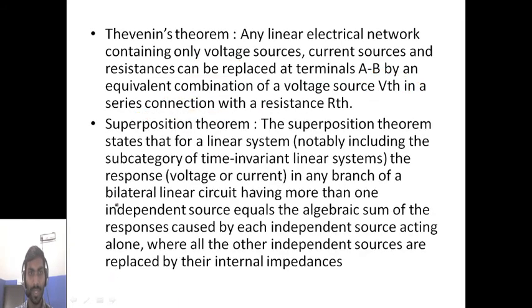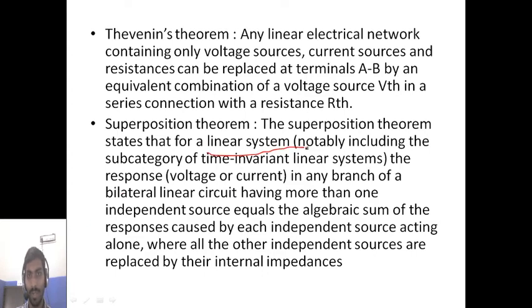Okay. Next, superposition theorem. What is your superposition theorem? If you have one or more sources in your system, you can take all the individual sources and then summing all the responses of the individual sources is going to give the complete response.